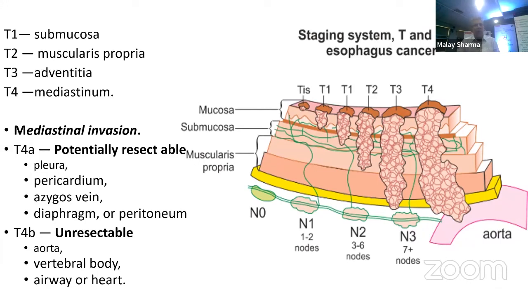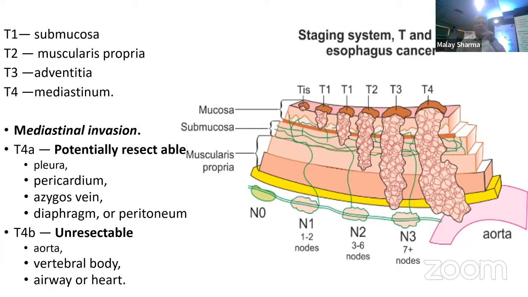What generally T4 indicates is mediastinal invasion. T4A is considered potentially resectable tumor, and T4B is unresectable tumor. So mediastinal invasion is a variation between T4A and T4B.